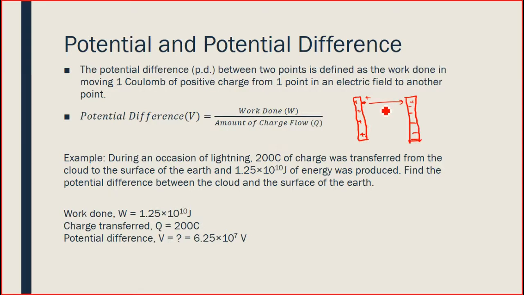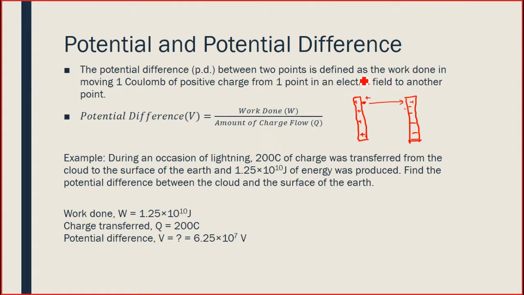So potential difference is the work done in order for you to move this one coulomb of positive charge from one point in the electric field to another point. From here you want to move it to here, so you want to find the work.